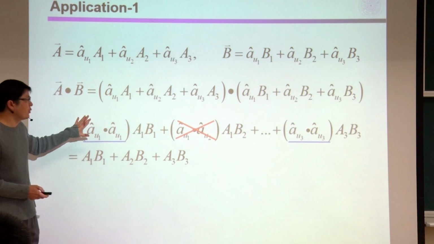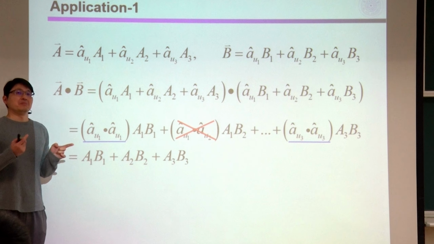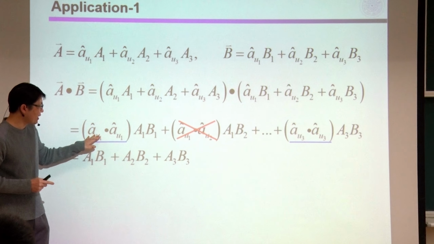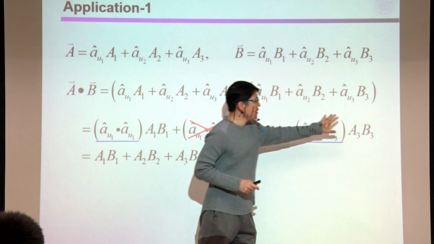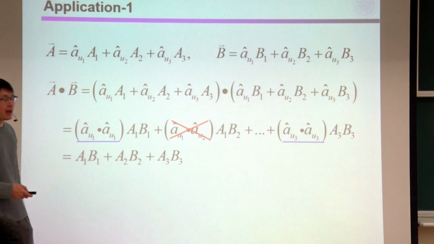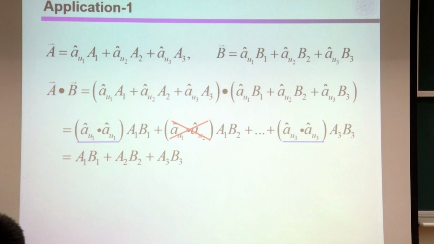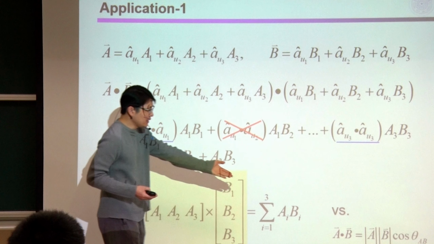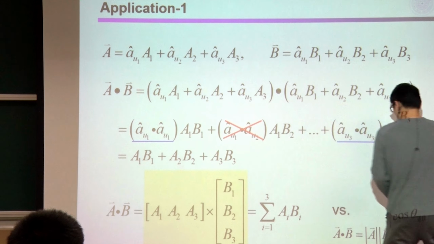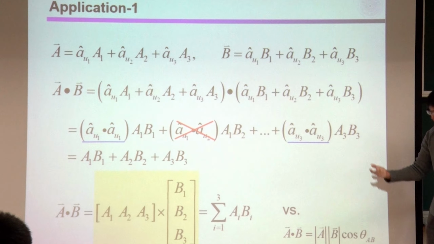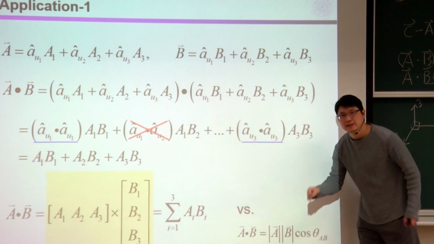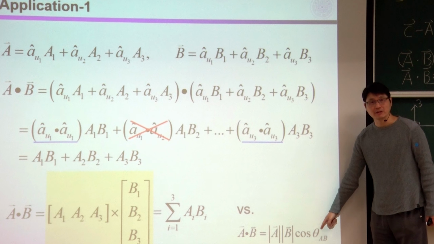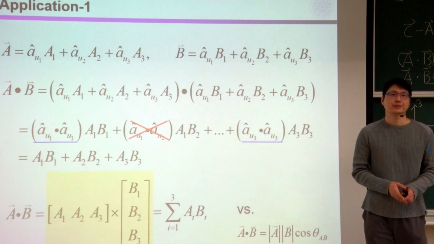So eventually, all you have to collect are the terms with identical unit vectors, right? A1 B1, A2 B2, A3 B3. So that's what you have. So you don't even need to draw out the vectors A and B, right? In the past, in high school, whenever you're given two vectors, you need to calculate their length or magnitude. You also need to know their angle. But now you don't, right?